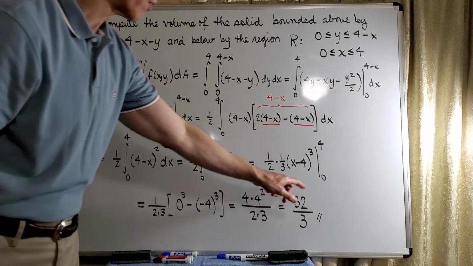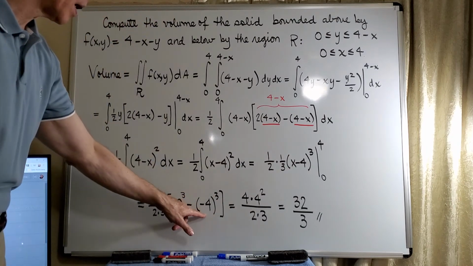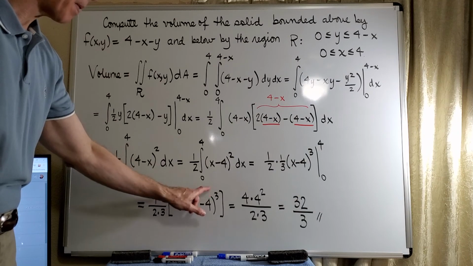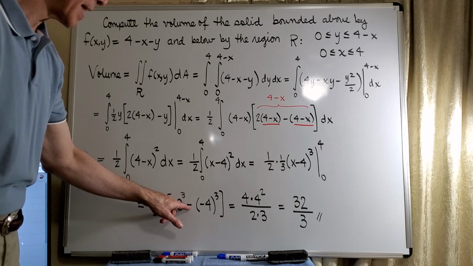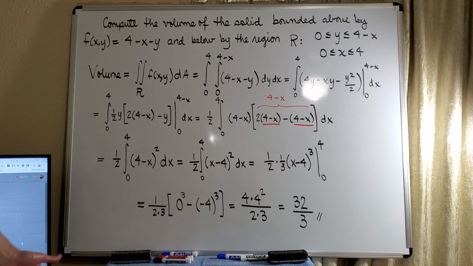And then, of course, when we replace x with 0 here, we're going to have a negative 4 cubed. And so that'll be a negative quantity when we cube it. And then the additive inverse out here will make this positive. So that's really good. We want volumes to be represented by positive numbers.